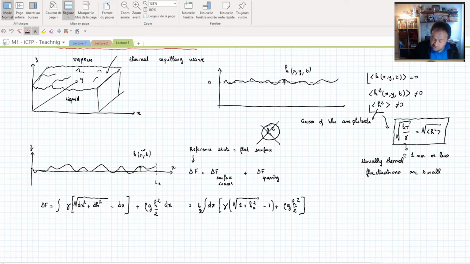So if I do something like that, I will be able to say that the free energy now in the 3D case will be, well, let's say, the sum over the surfaces of this term.